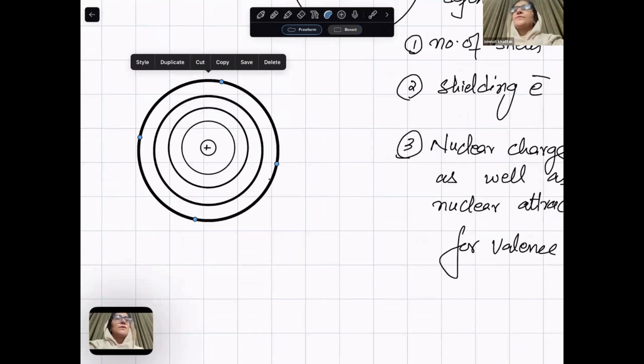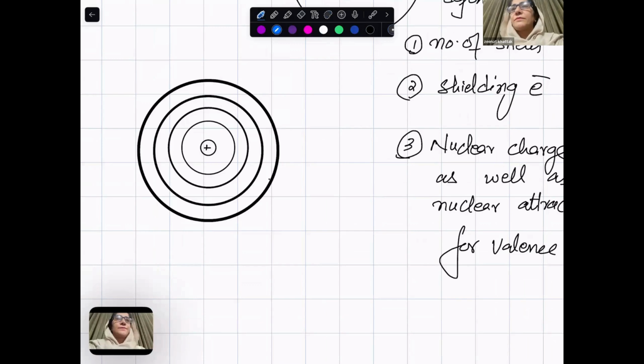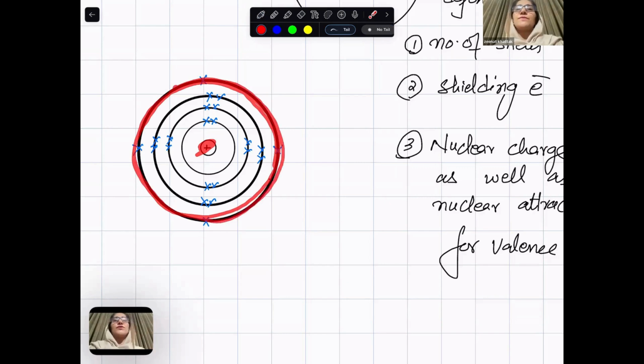Now look, these are electrons, electrons, electrons. And suppose these are the outermost, like you can even go for a group 4 element. This is the nucleus. These are the outermost.